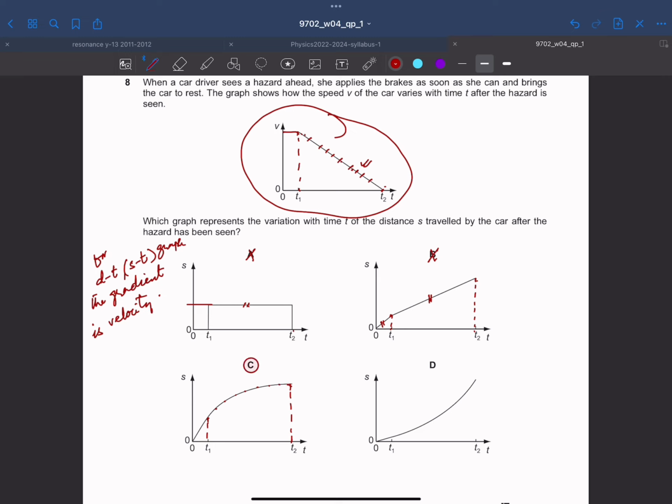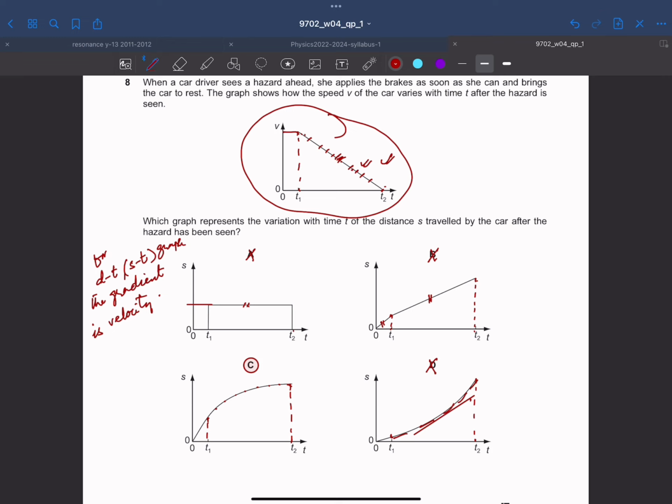And when you go for D, it is just the opposite, meaning the velocity is increasing with passage of time because the gradient is increasing. And as you know that the velocity is decreasing in this case, D will not be the correct option. What did I say? If the gradient is increasing, then the velocity is increasing, but in our case velocity is decreasing.